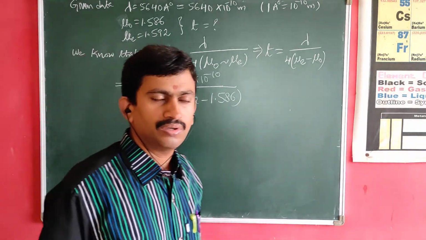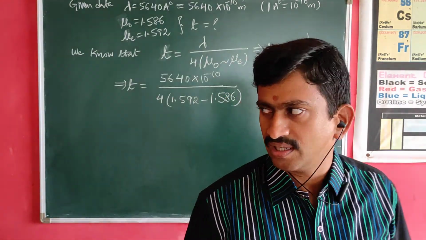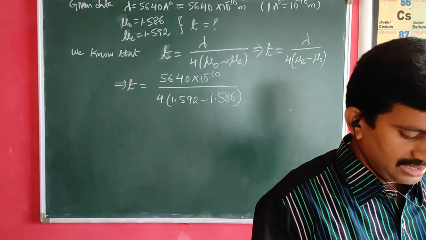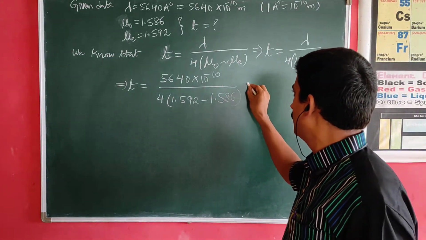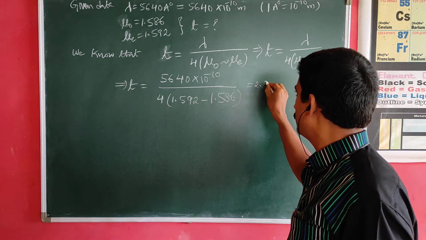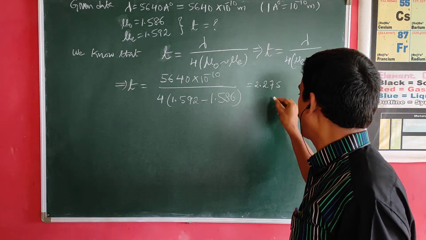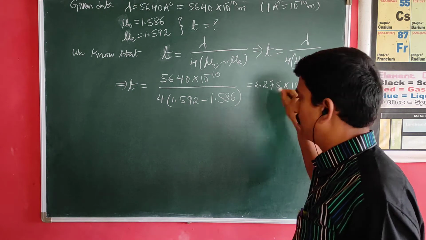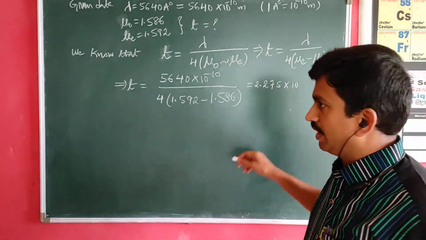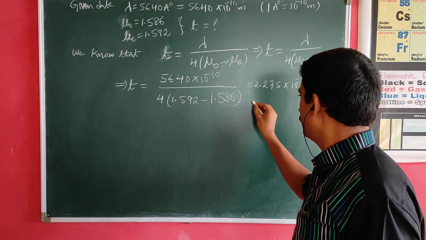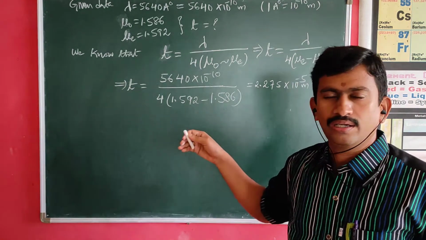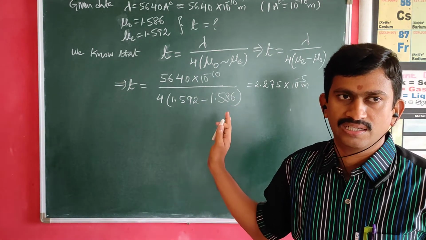Now you have to calculate on your calculator, and then you will get the answer as 2.275 into 10 power minus 5 meters. You can leave the answer as it is.